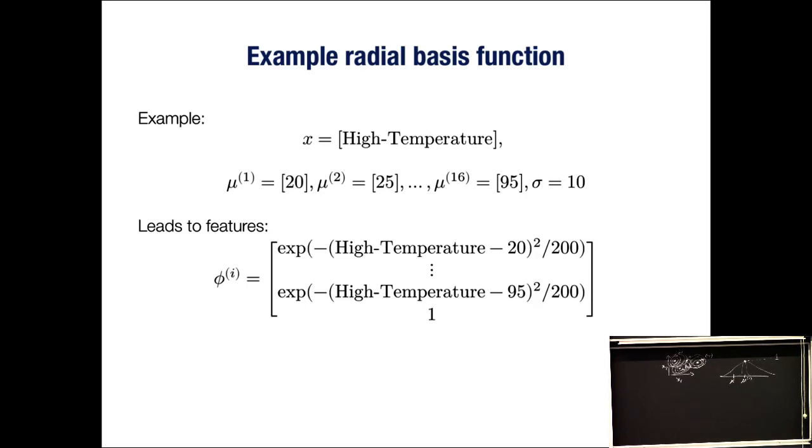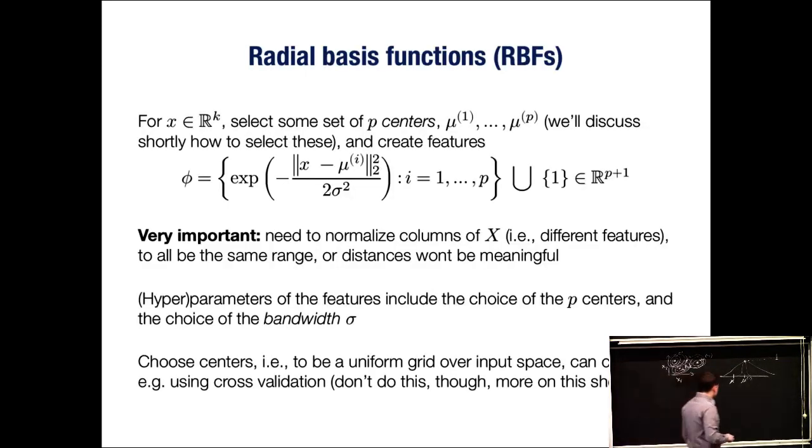Okay, so now two important things here. When you compute radial basis functions, you have to normalize your data first. Let me go to our next example. We're going to talk about classification in a second.